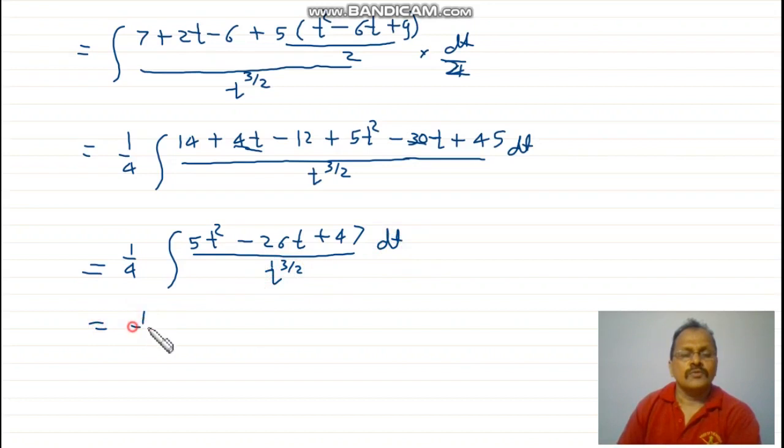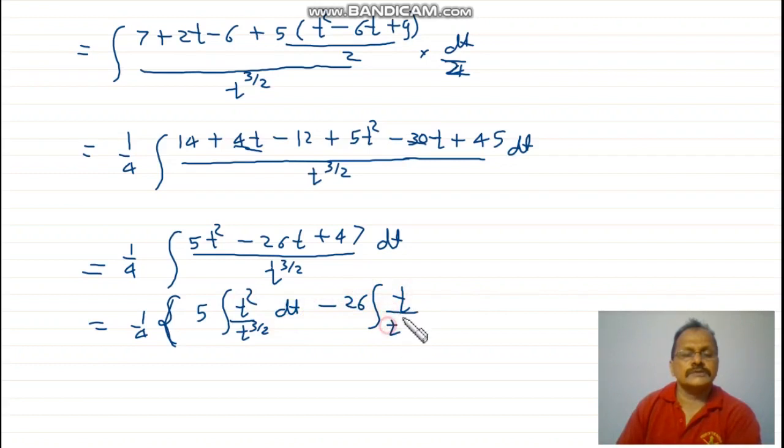equal to 1 by 4 times 5 integration t square upon t raised to 3 by 2 dt minus 26 integration t upon t raised to 3 by 2 dt plus 47 integration dt upon t raised to 3 by 2.